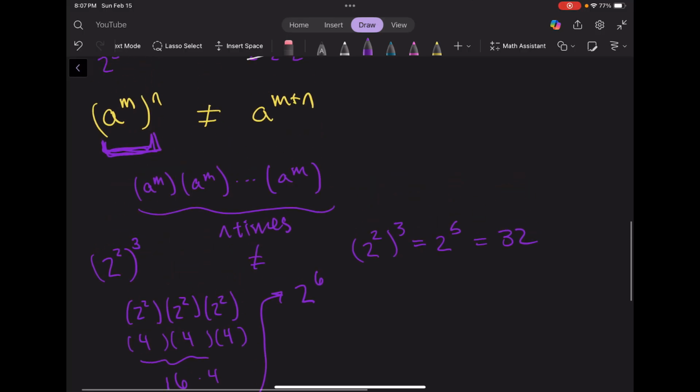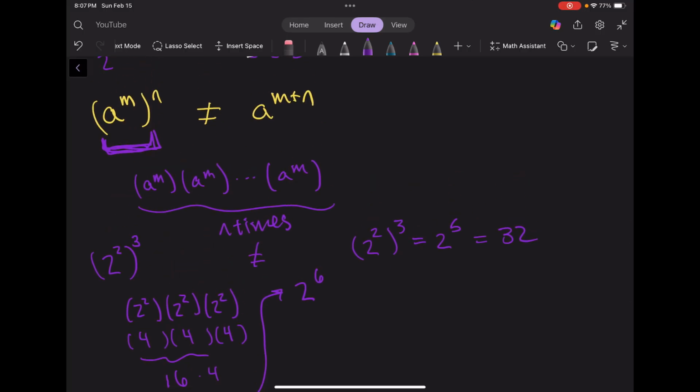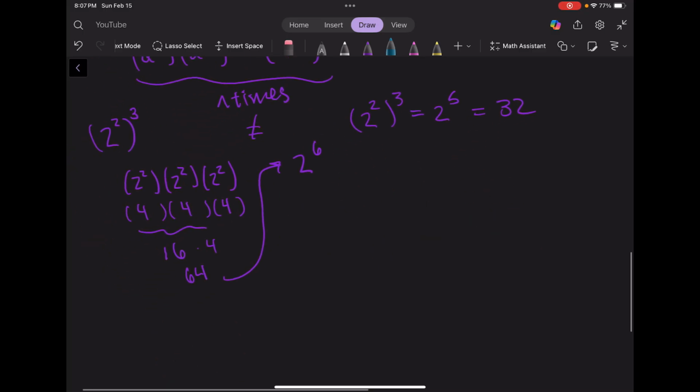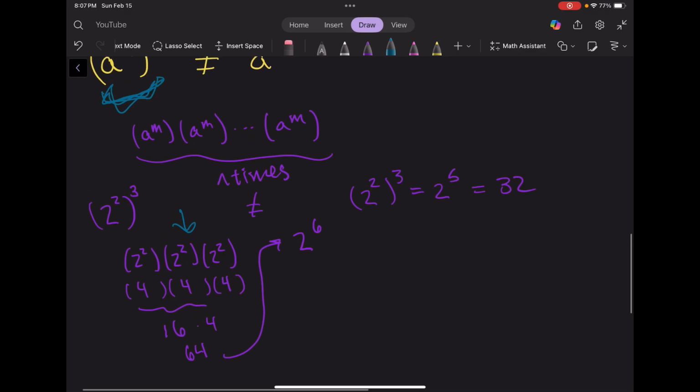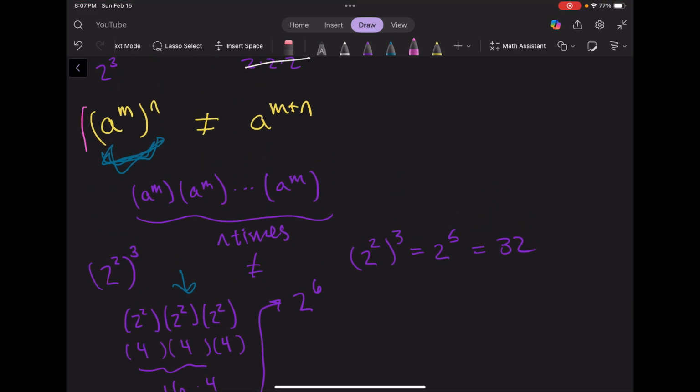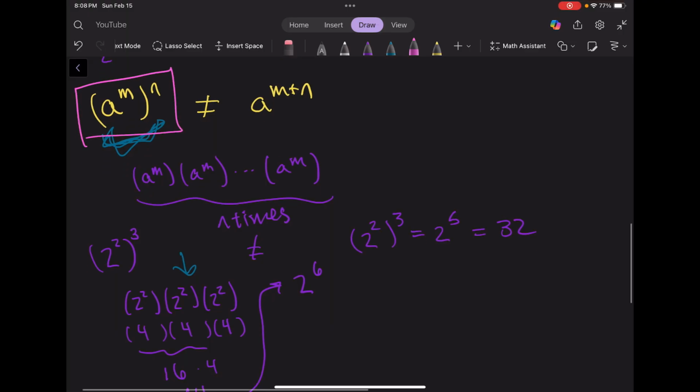That's why we have a very different rule. This one looks specifically at one base, which is this one right here. And this is what's happening that gets us to this rule.